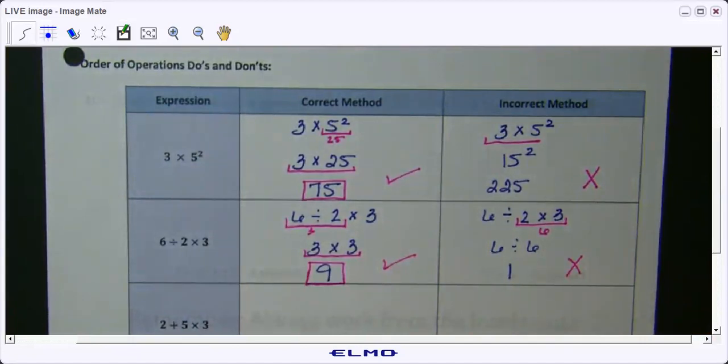I want you to do the third one on your own. Okay, I want you to do the correct way and the incorrect way.